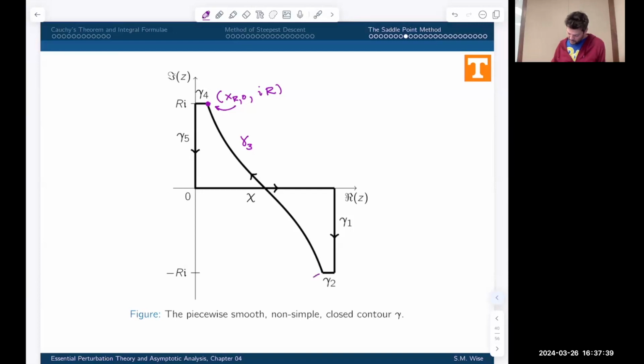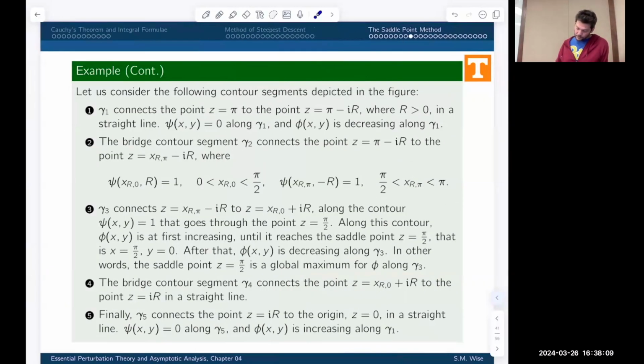And this point here is, I don't know exactly what the analytic value is, don't care. It's xr pi minus ir. Okay, so I'm saying this analytically. Gamma 3 is just connecting this point to this point and going along that level curve where psi is equal to 1. Did I say that? Yes, psi is equal to 1 along gamma 3.